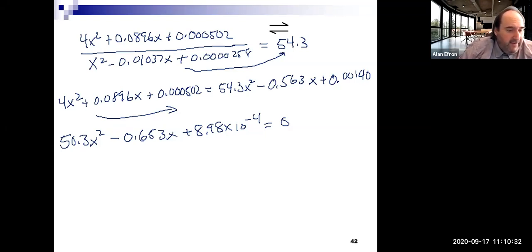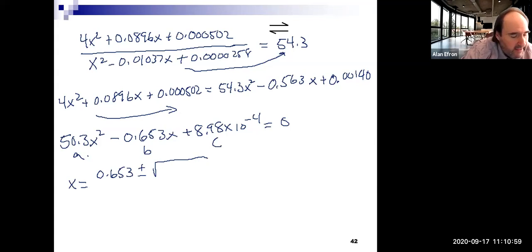You would feel like you've already done the problem at this point, but now you could actually do the problem because now we get to go into our quadratic here that we have our A, our B, and our C. And if we do that, that means x is equal to minus B, which in this case would be 0.653, plus or minus the square root.